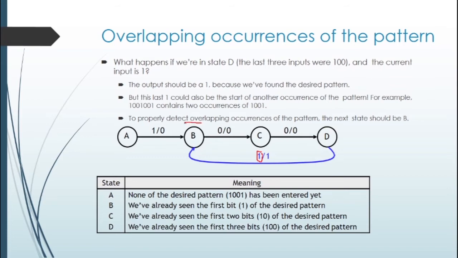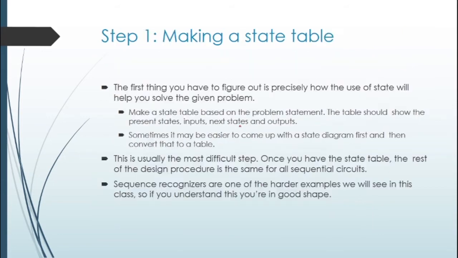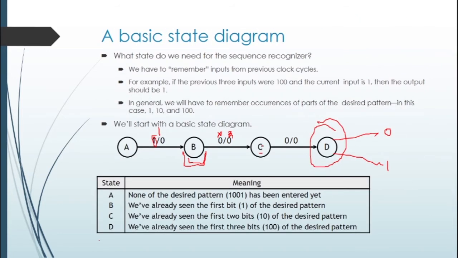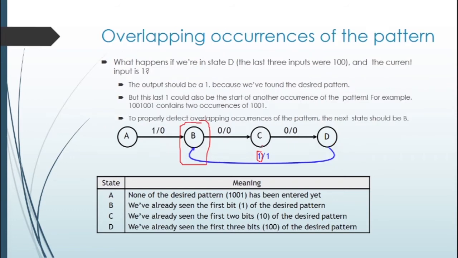Why B? Because from this one it is basically starting another sequence as well, like what we saw in this scenario. The second one is basically the start of another pattern of the same thing. So we are not going back to A from here because that won't matter.